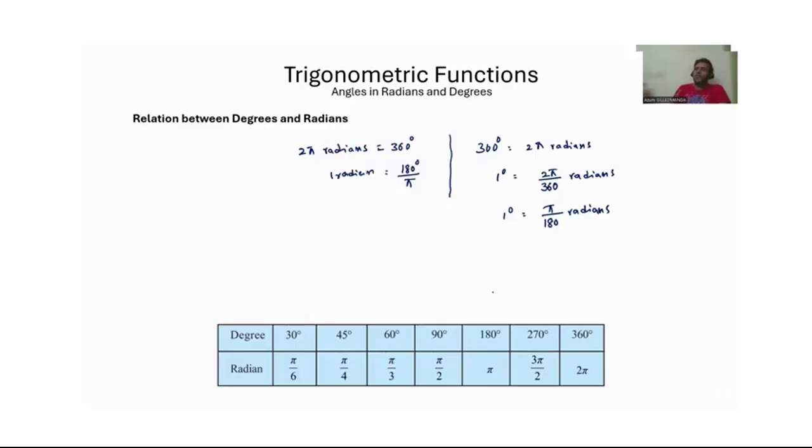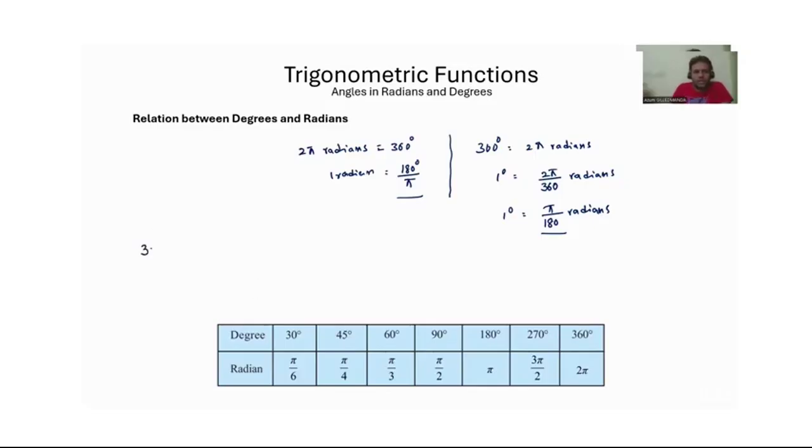Right? So if you have a value in degrees and want to find radians, you need to multiply with pi by 180. And if you have a value in radians and want to find the angle, you need to multiply with 180 degrees by pi. Yeah. Let's do some examples.